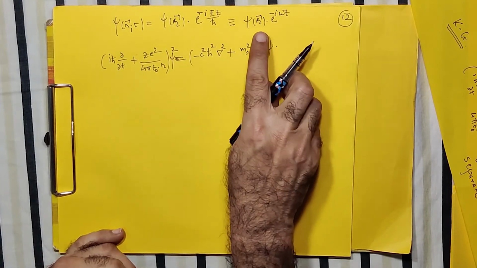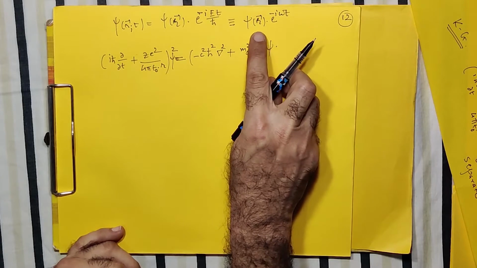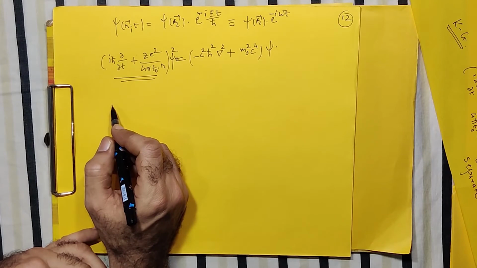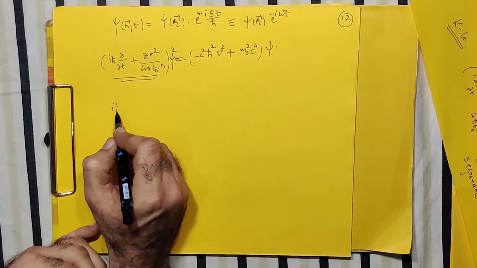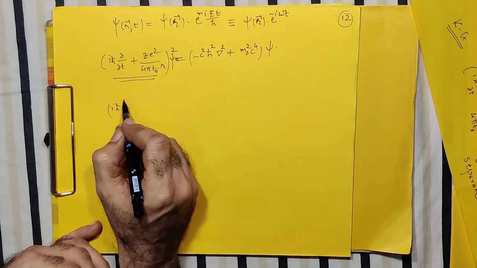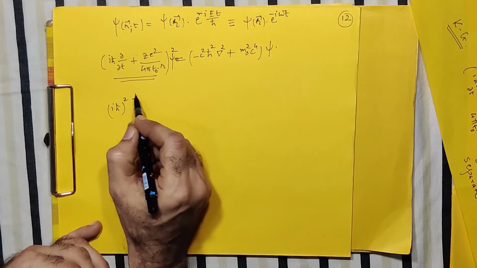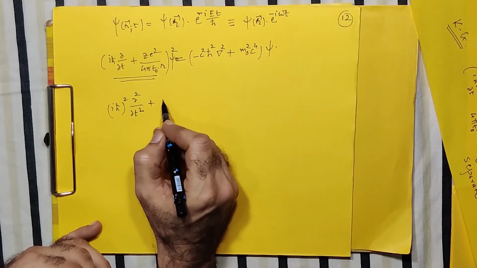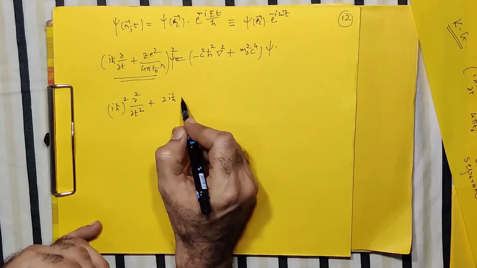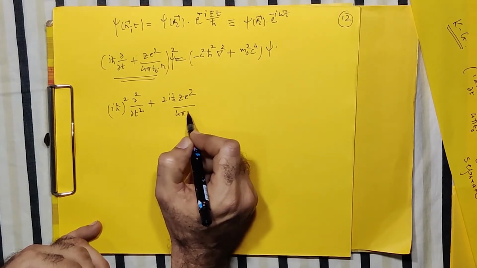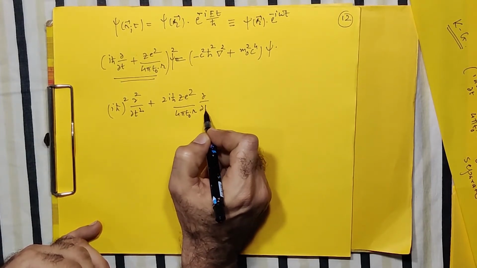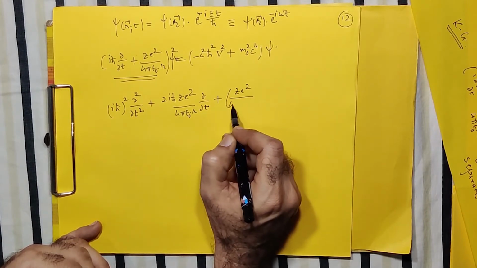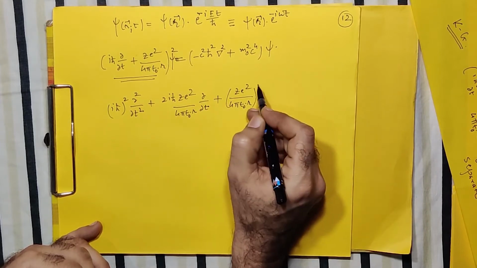And then I write ψ in a split form, r and time dependent, and then I open up this part. It is like (a+b) whole square, but this is a double differentiation, so it will be iħ, ∂²/∂t². Then there is a middle term, so 2iħ Ze²/4πε₀r ∂/∂t, and the square of this term, so it will be Ze²/4πε₀r whole square.